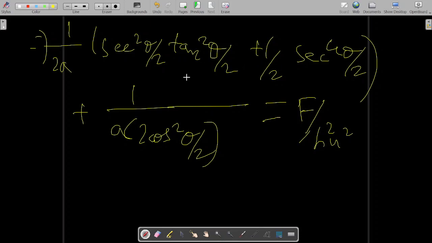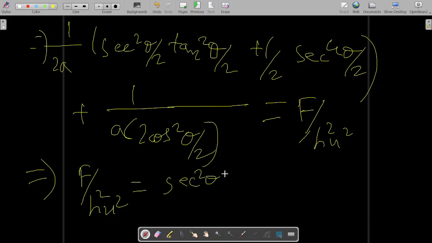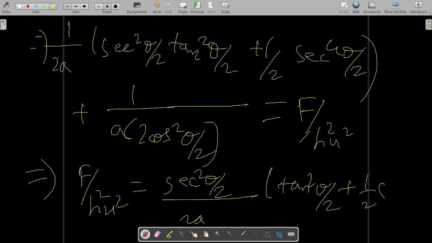Okay, sec square theta by 2 by 2a will come out, and tan square theta by 2 plus half sec square theta by 2 plus 1 will come.